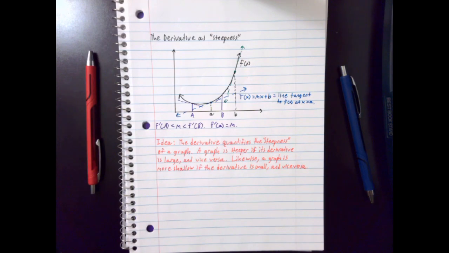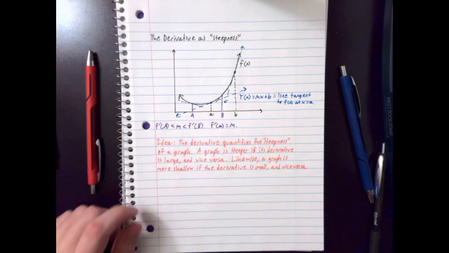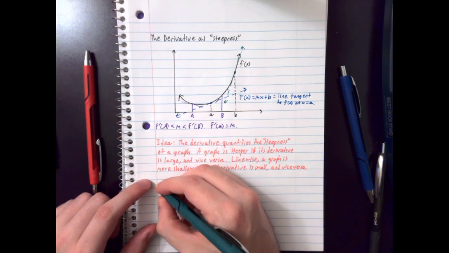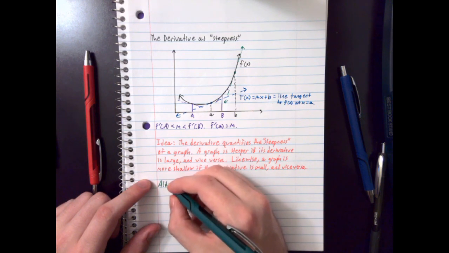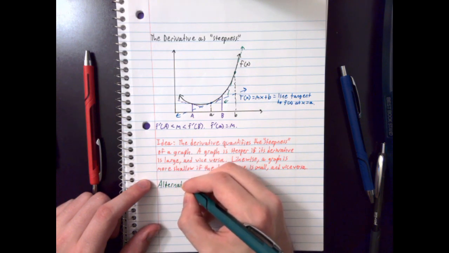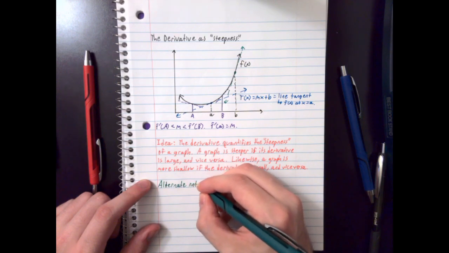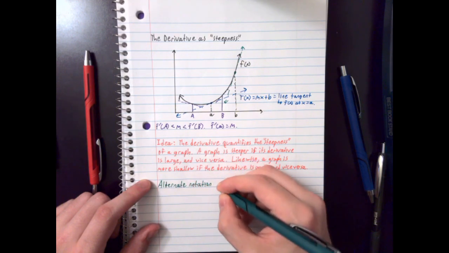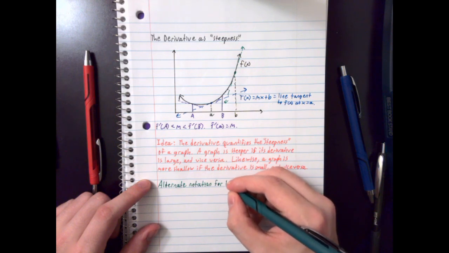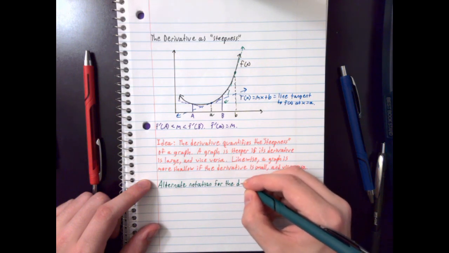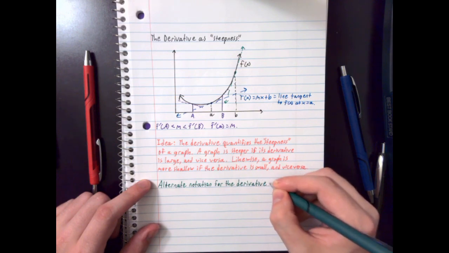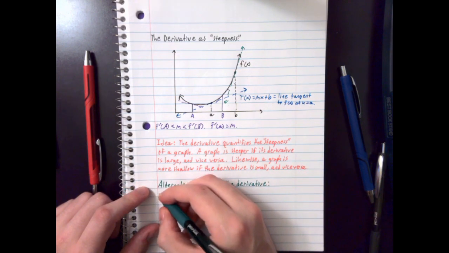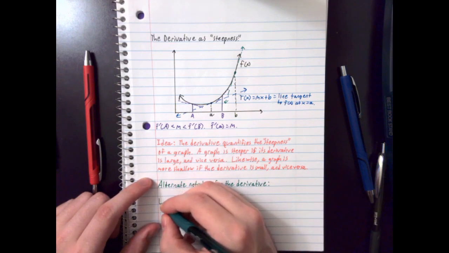All right, the next thing that I want to talk about is some alternative notation for the derivative. This is Leibniz notation.